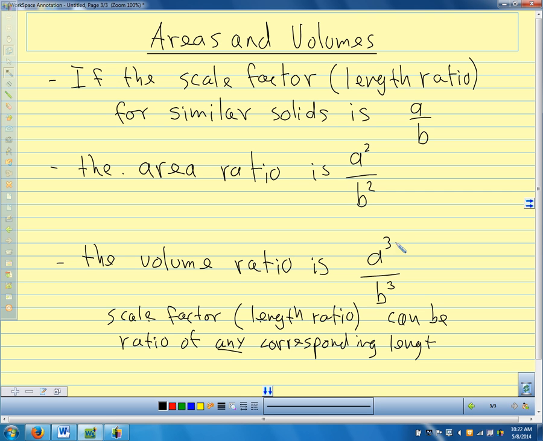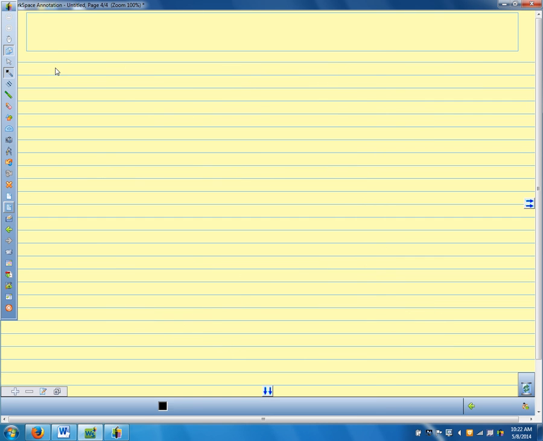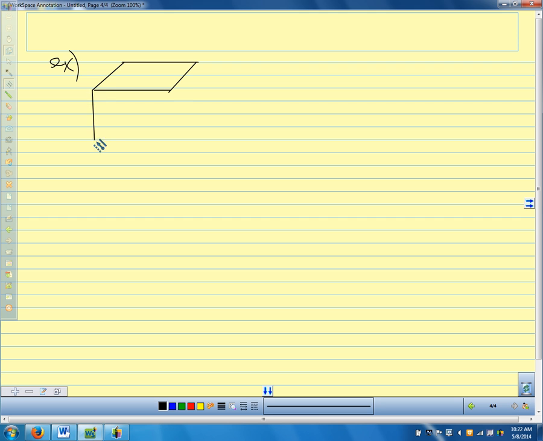All right, so let's use this idea to solve some problems. These are very much like problems we solved in chapter 10 when we were talking about area. So we're going to have two solids here. This looks kind of like our last couple of problems.